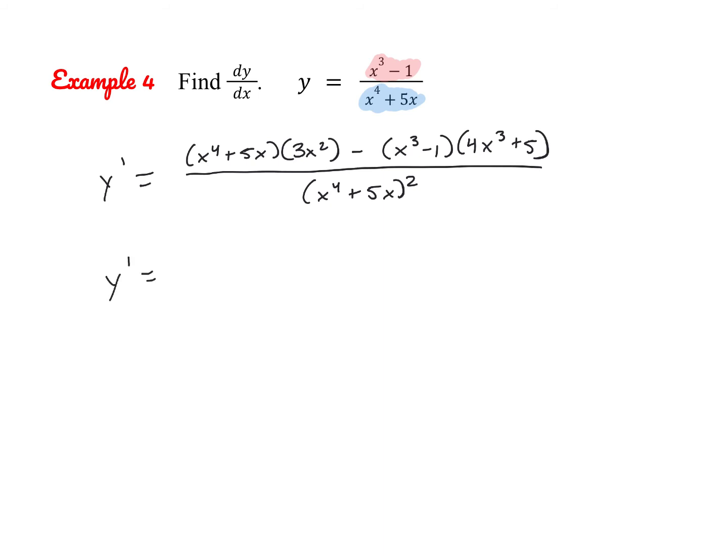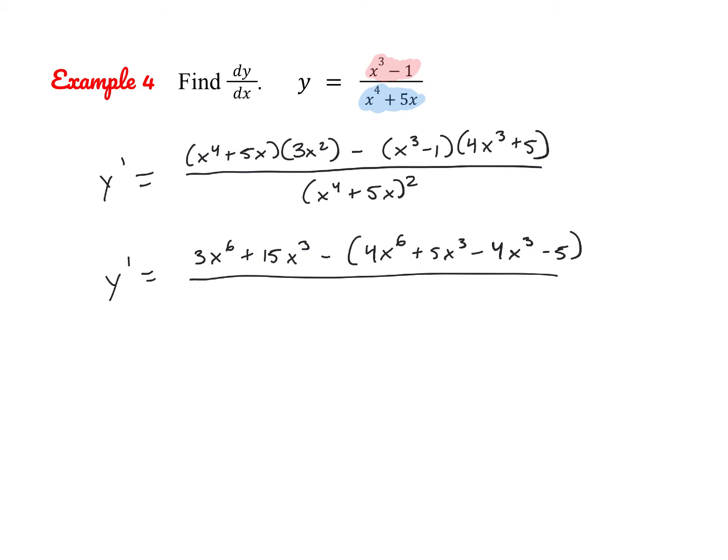So that leaves us with y prime equals 3x to the 6 plus 15x cubed minus, and then just be careful with your grouping here, 4x to the 6 plus 5x cubed minus 4x cubed minus 5.